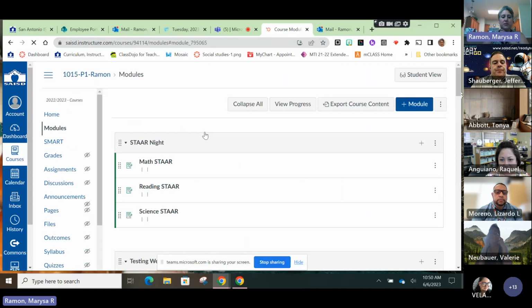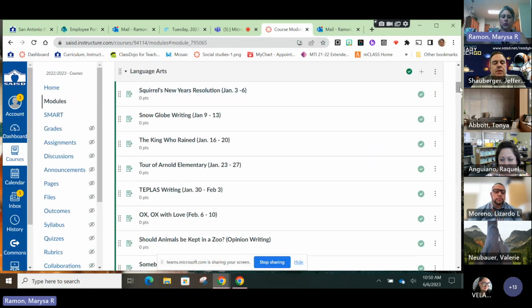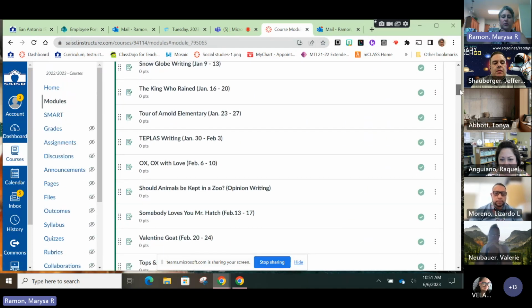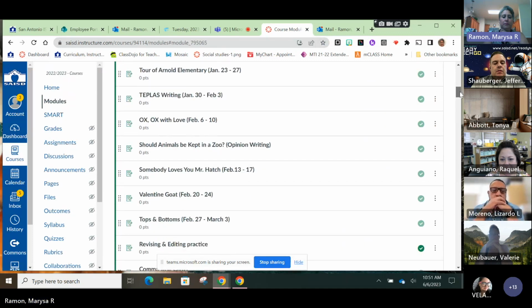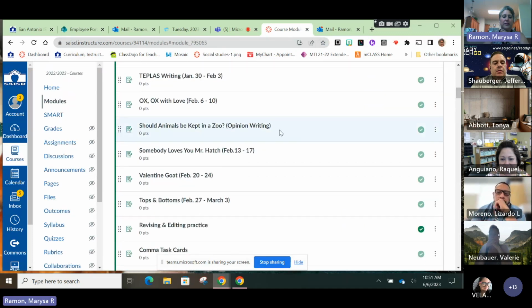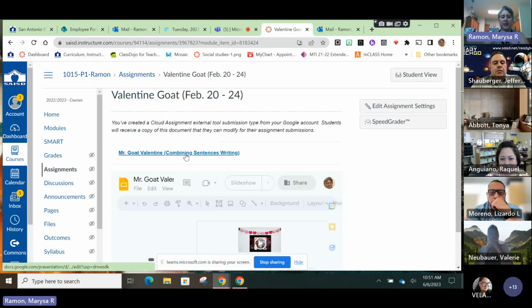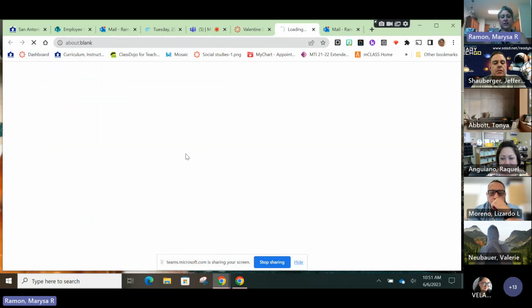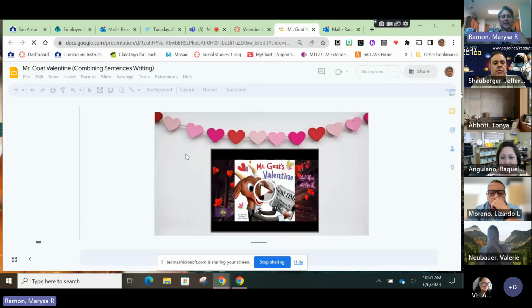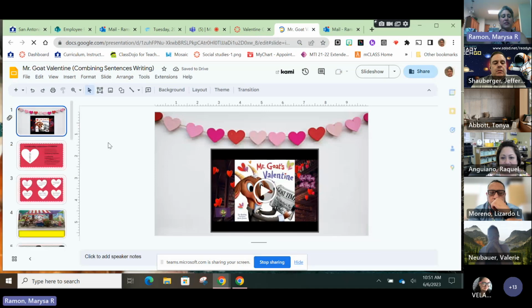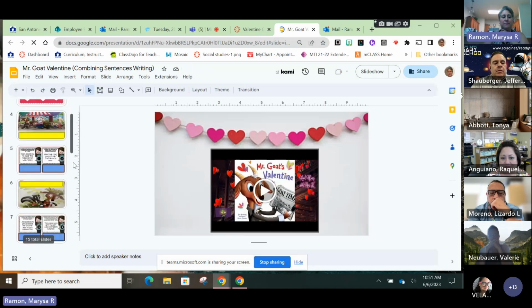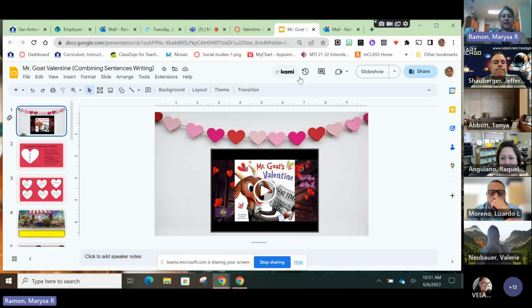When I assign something to them, so they've got in here their writing. Here's the Valentine goat. So when they open it up, here's their copy. So they're going to click on here, and this is my copy, but it's exactly what it would look like on the students, right? So then I can be working on mine while they're working on theirs at their desk.